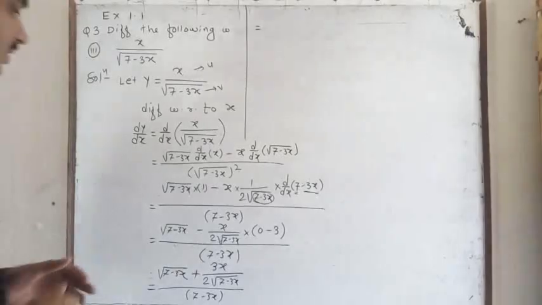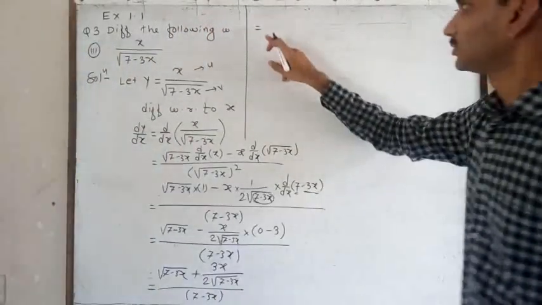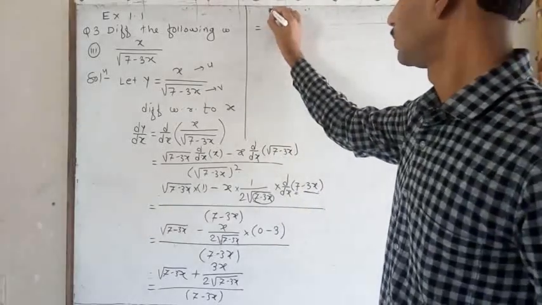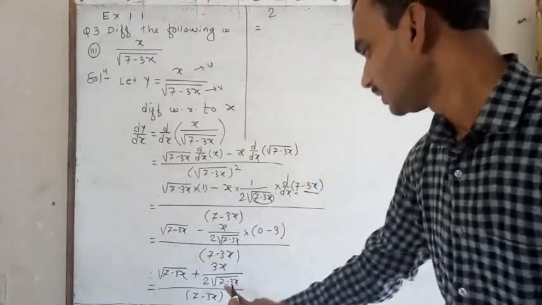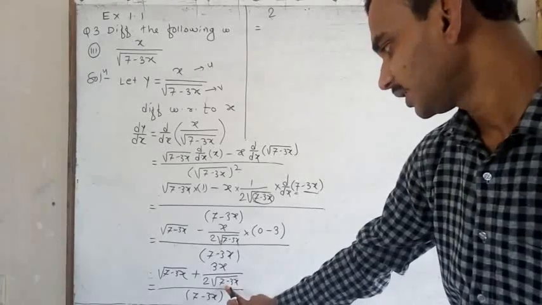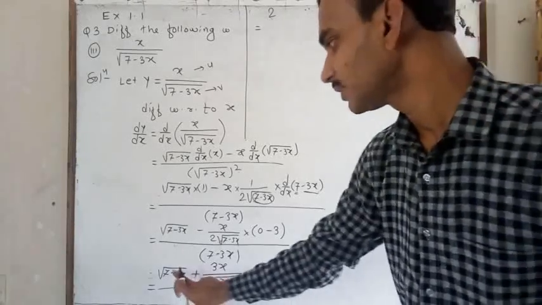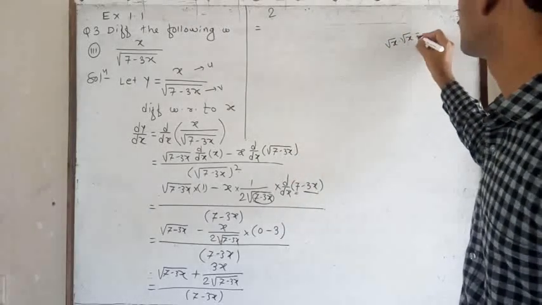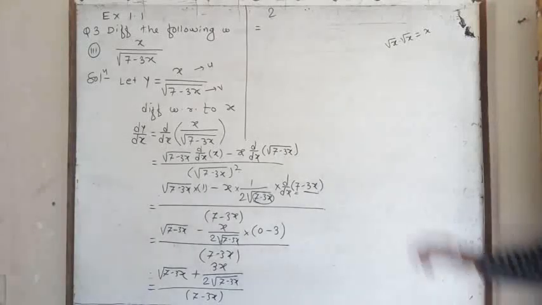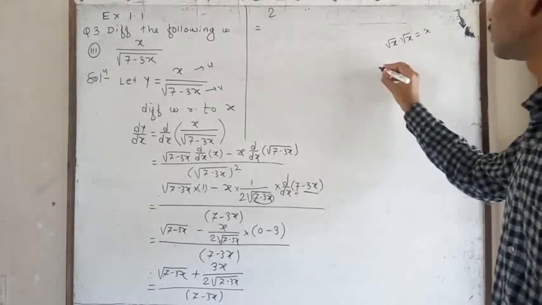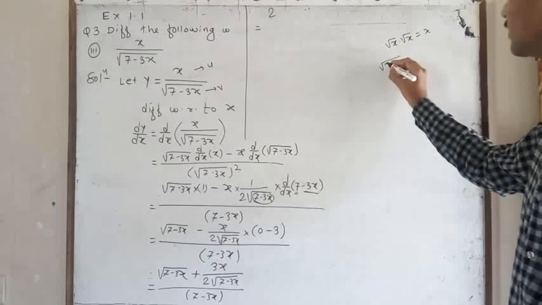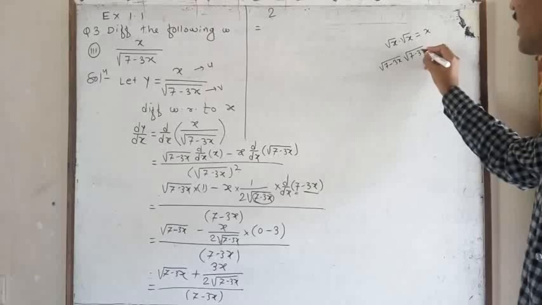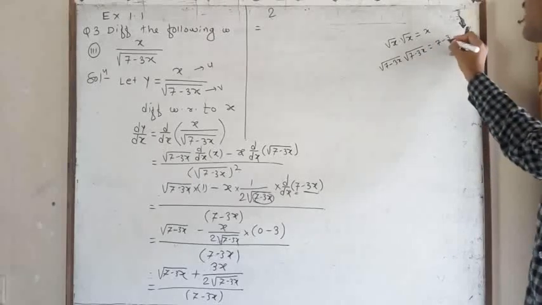Here the numerator is a cross multiplication term, so we cross multiply here in the numerator. We get 2 into this under root term 7 minus 3x. This root term multiplied with the root term means under root x into under root x equals x. So here if under root 7 minus 3x is multiplied with 7 minus 3x, we get only 7 minus 3x.